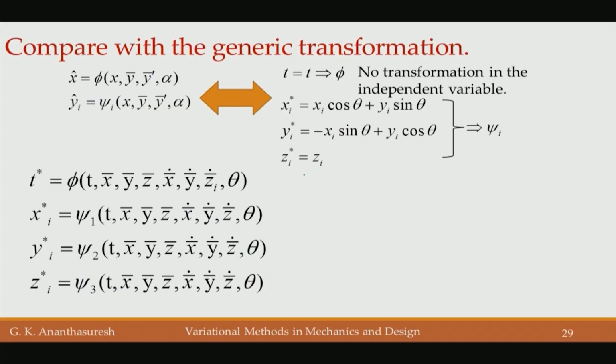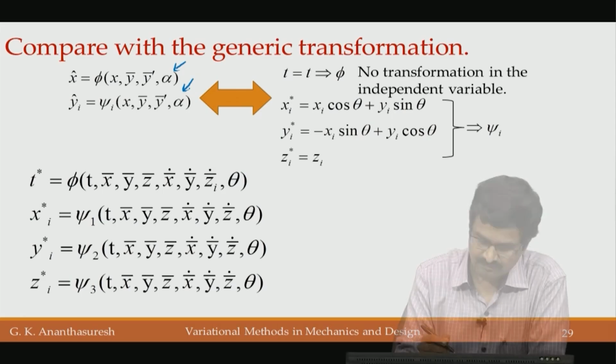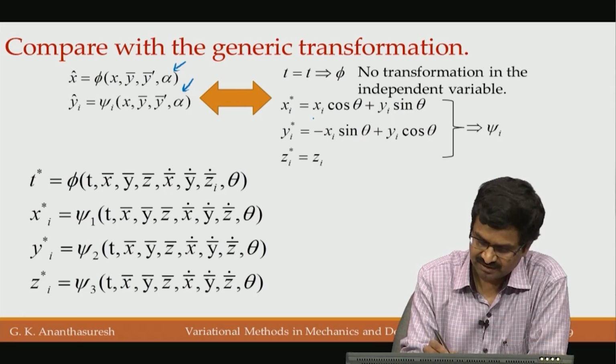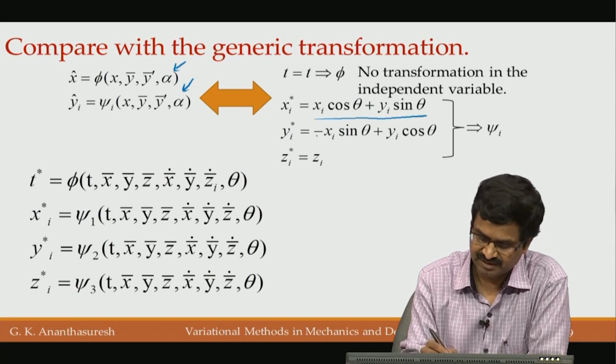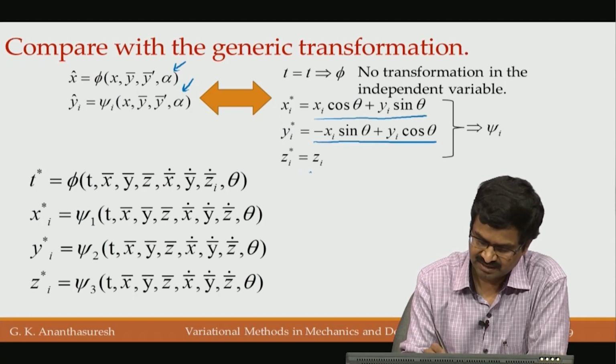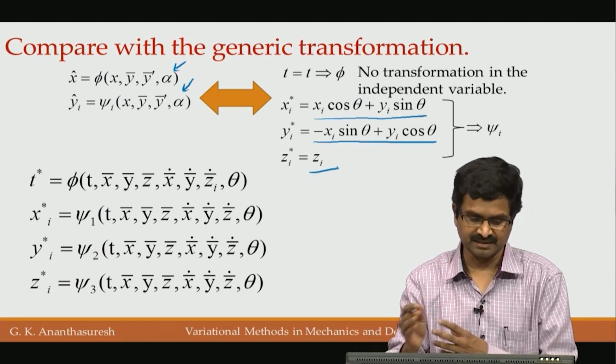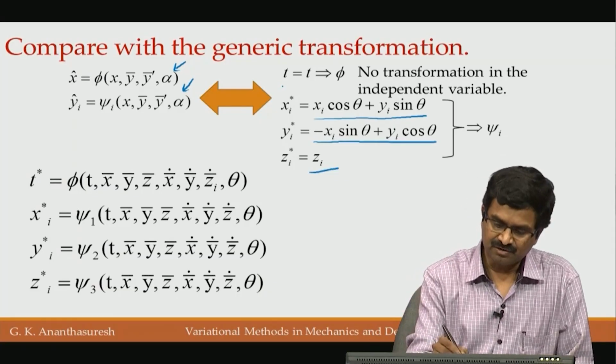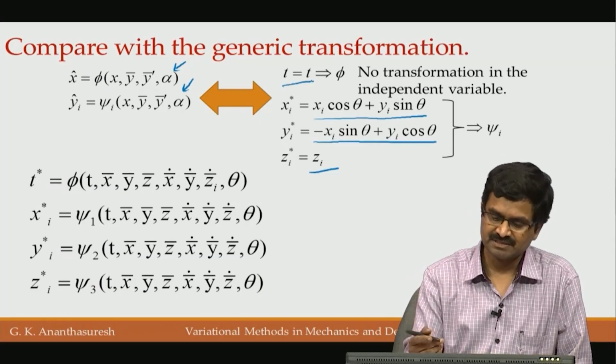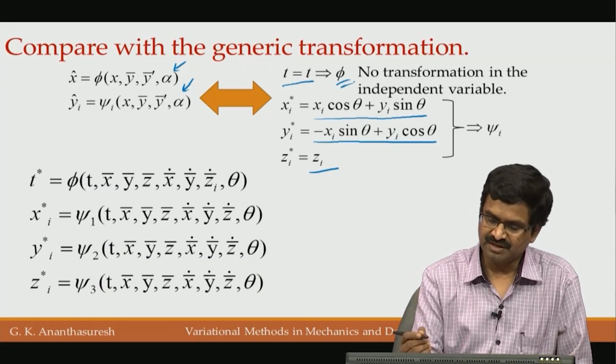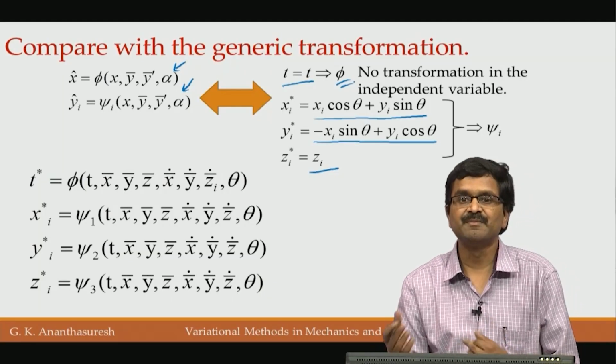So, we have x hat, that alpha, now that alpha is theta here. Here xi star is this in terms of theta, yi star is this, this is the transformation you have chosen, and t equal to t, the time is not changing, that remains the same. So, for the phi there is no transformation in the independent variable.